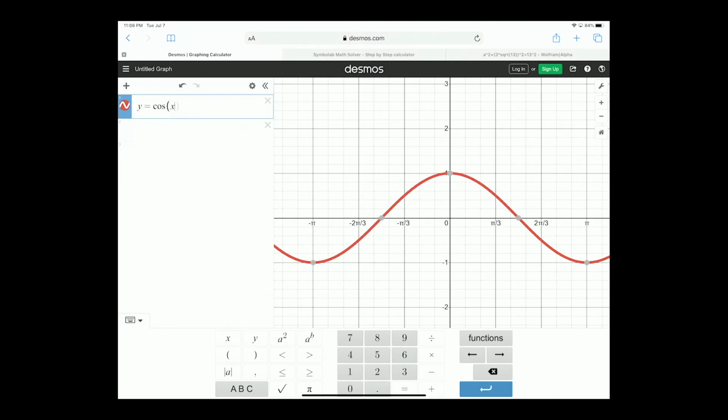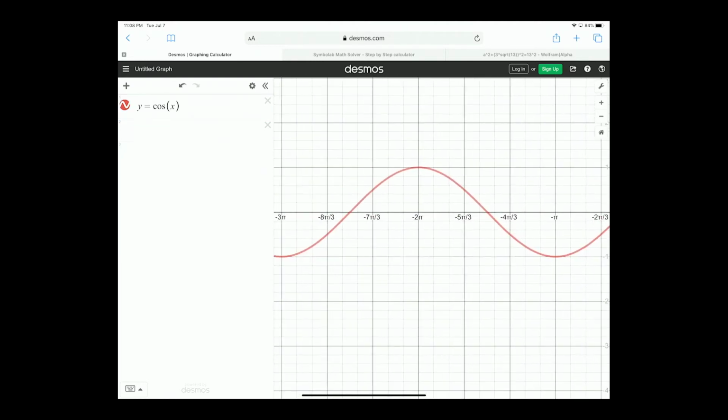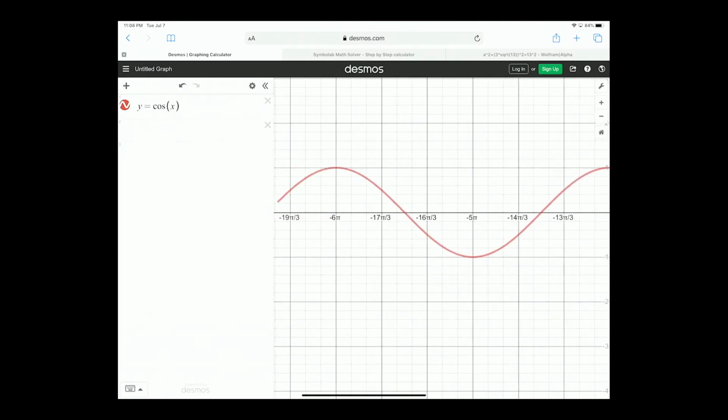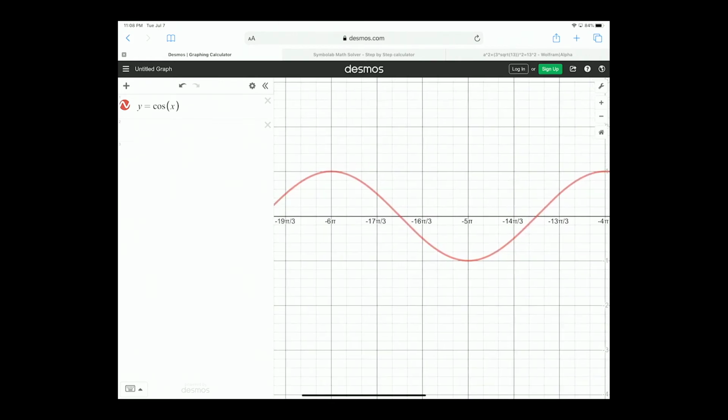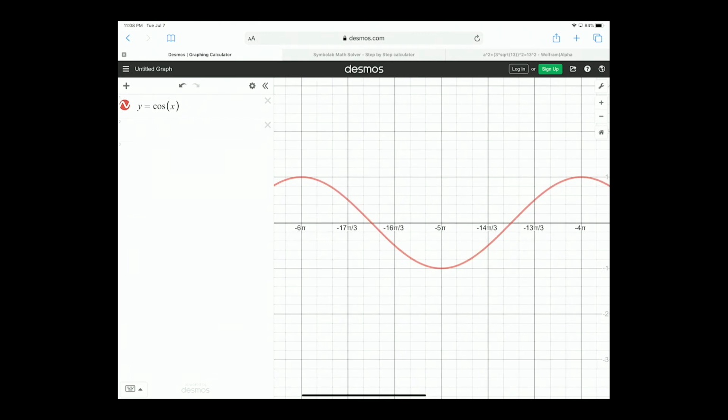If you're on a computer, you don't have this little keyboard here. You just type in cosine x. All right, so there's a cosine. Looks like we expect. We're between negative 6 pi and negative 4 pi because that's what I said. So you come over here, negative 6 pi to negative 4 pi. So it looks like I have that now.